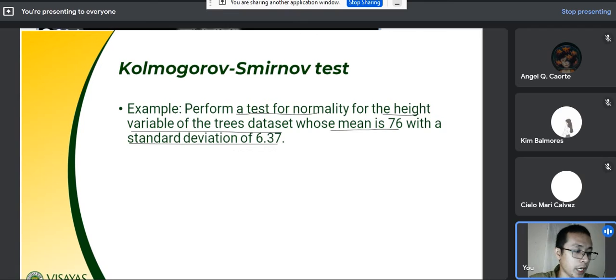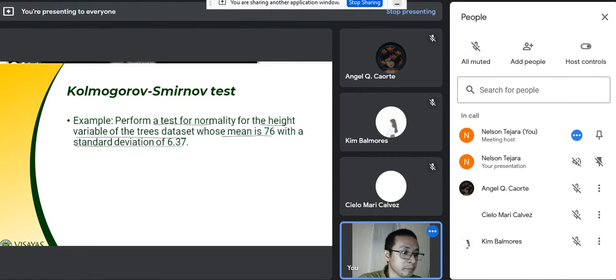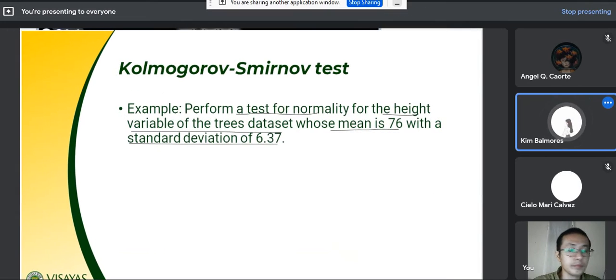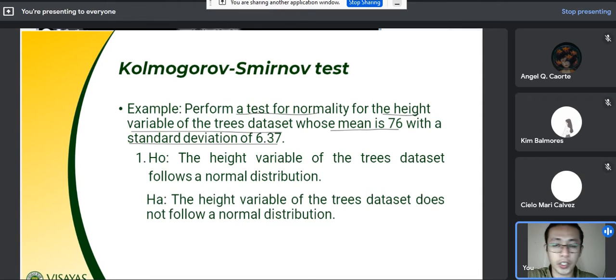What will be your null hypothesis for this problem? The height variable follows a normal distribution. Okay, the height variable of the trees data set follows a normal distribution. And then, contrary, that's your alternative hypothesis: it does not follow a normal distribution.